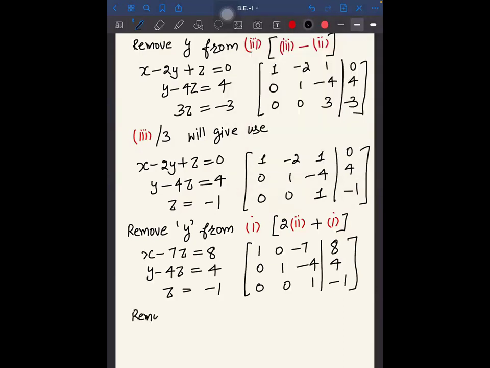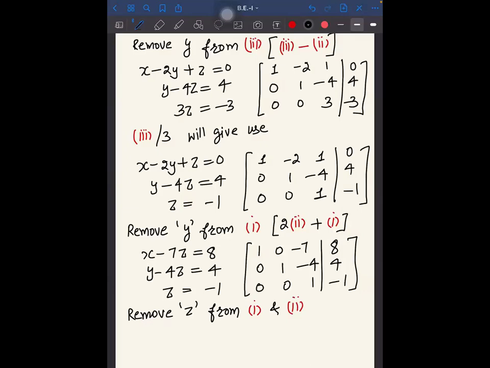How can this be done? Simply multiply by 4 and add it to the second equation, and multiply by 7 and add to the first equation.